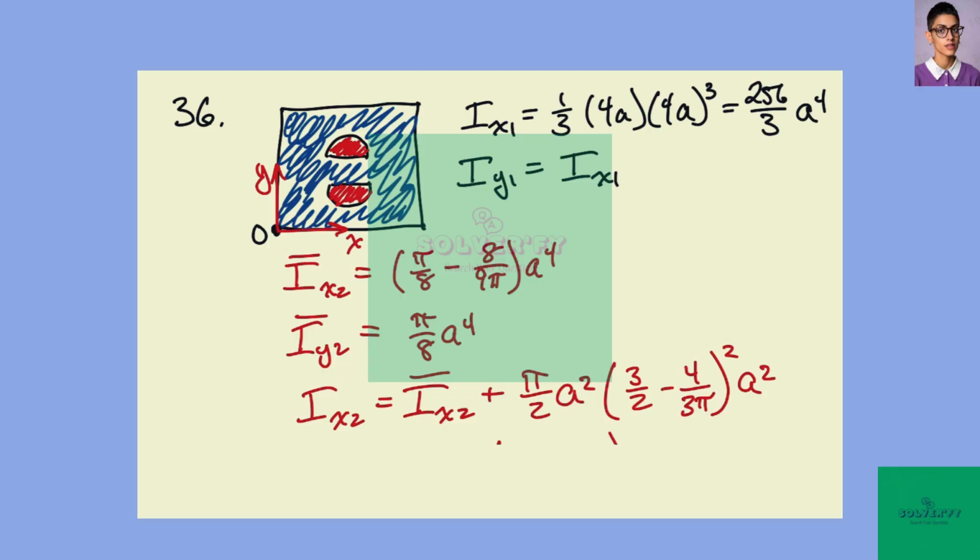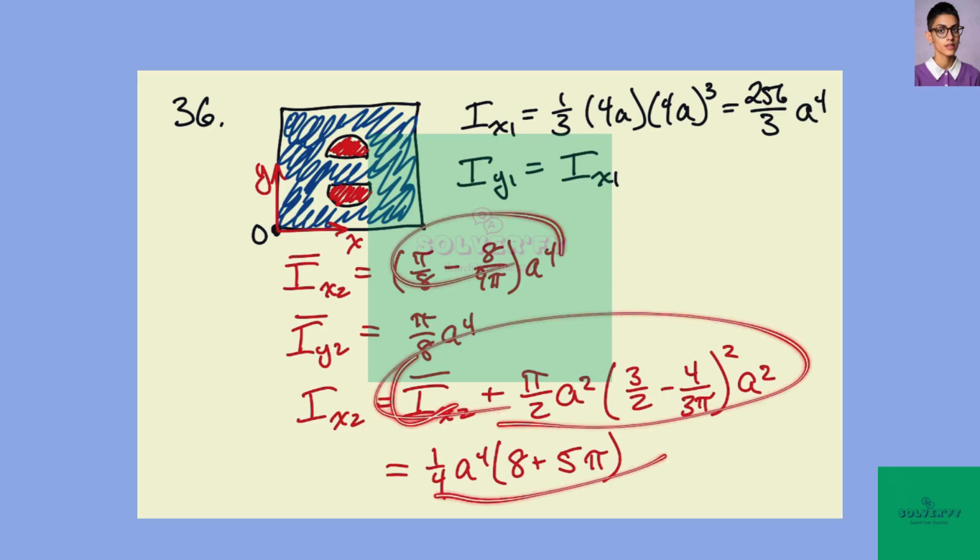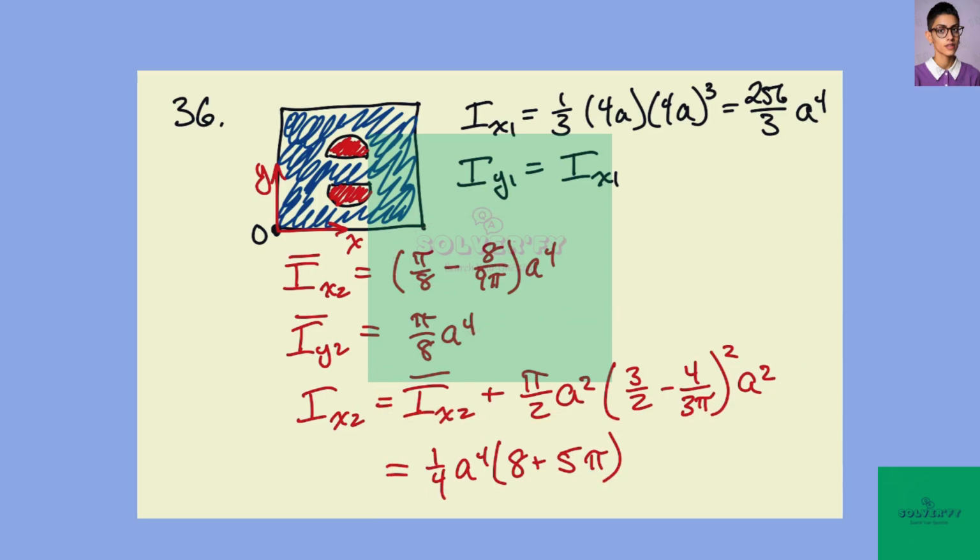That distance is 3/2 a up to here, and then minus 4/(3 pi) a down to the centroid. We can plug this in and do some algebra and simplify, and we get 4 a^4 over 4 times (8 + 5 pi), the area moment about this x-axis of this region here.